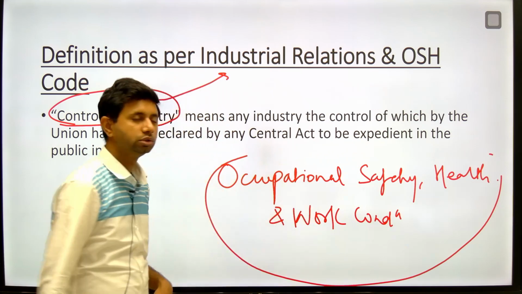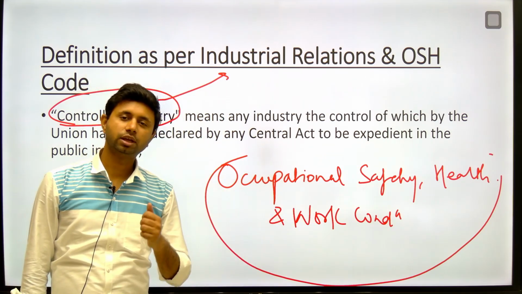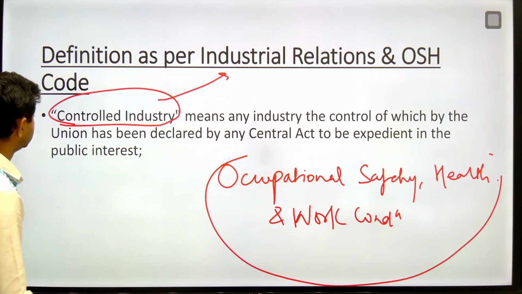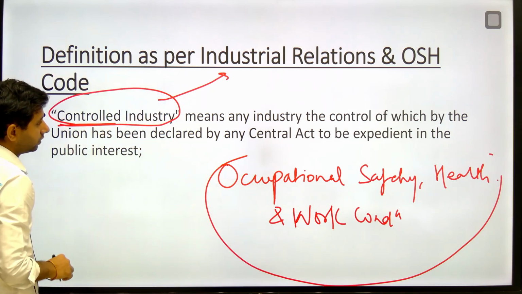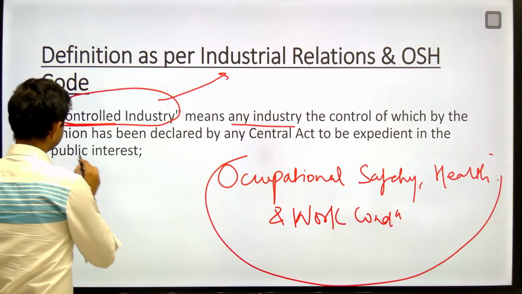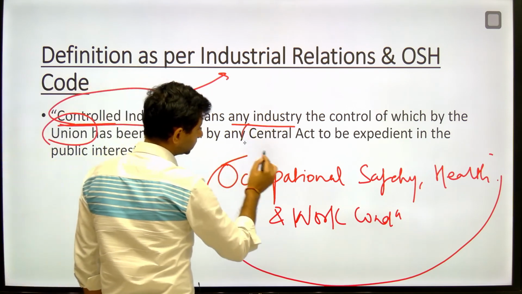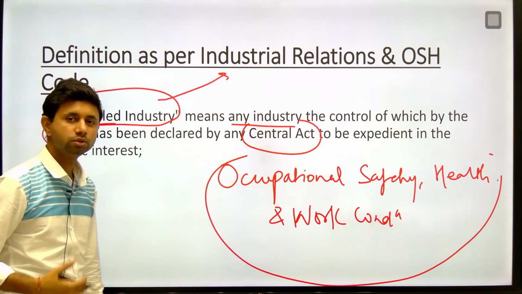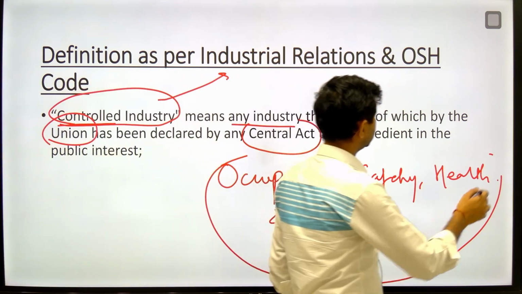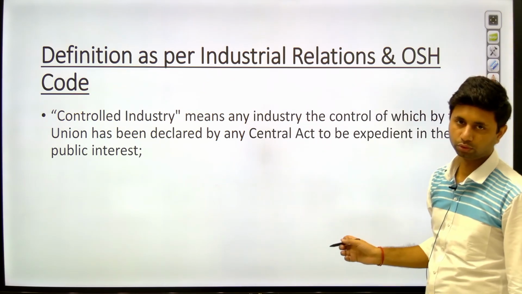In both these codes, the definition of controlled industry has been given. Controlled industry means any industry, the control of which by the Union has been declared by any central act. So this is mentioned under both these labor codes.